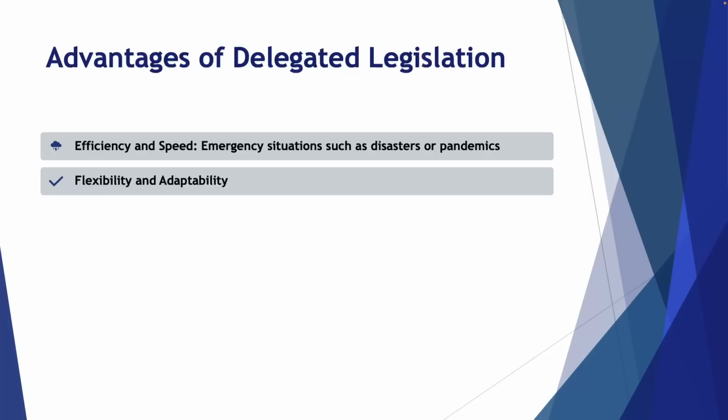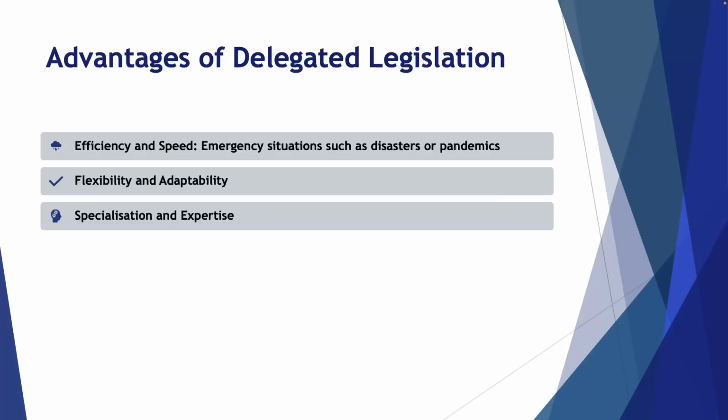And so the use of delegated legislation could be important to be able to rapidly react to these kinds of changing sectors. Regulations can be updated to reflect new practices, new innovations, or even new challenges without having to amend the primary legislation every single time.